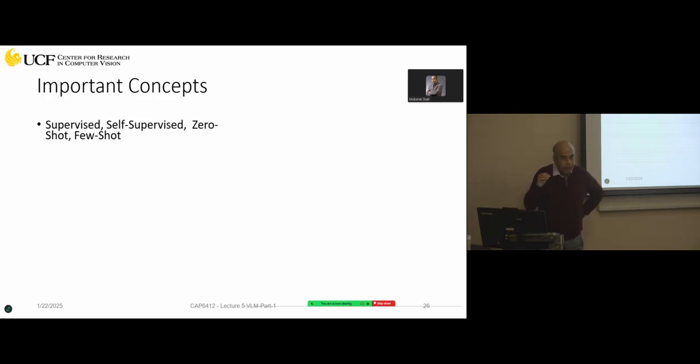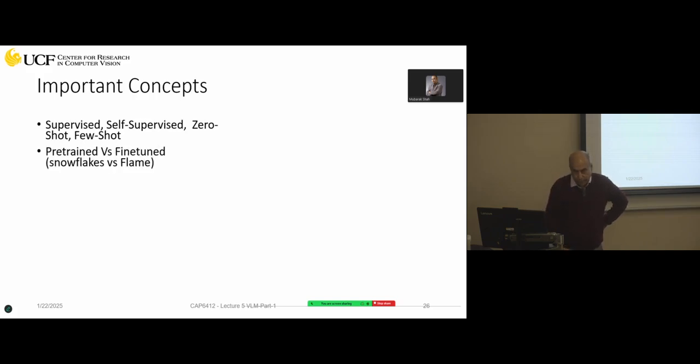Self-supervised learning is that you don't need labels, because you use some pretext tasks. Zero-shot, it's not really learning, but zero-shot testing, that you don't need any labels. You train on some other model, so other data set, but apply to a different data set. Few-shot, where you have few examples labeled, you fine tune with those few, and then you can solve that, okay? So another is called pre-train versus fine tune.